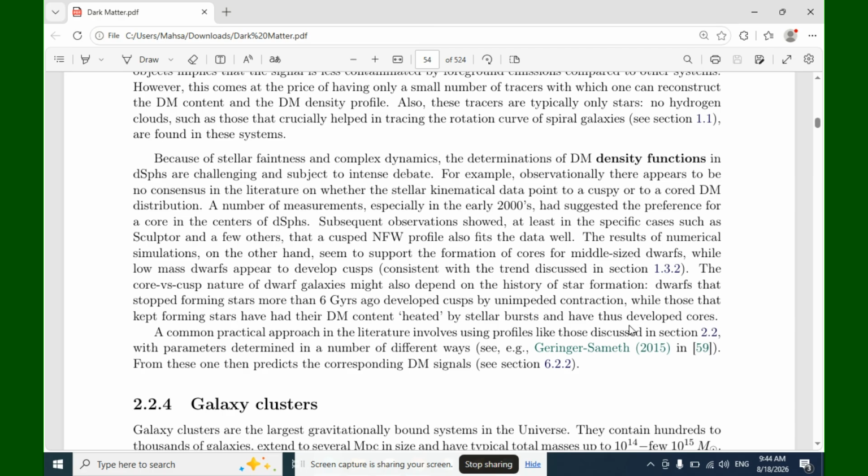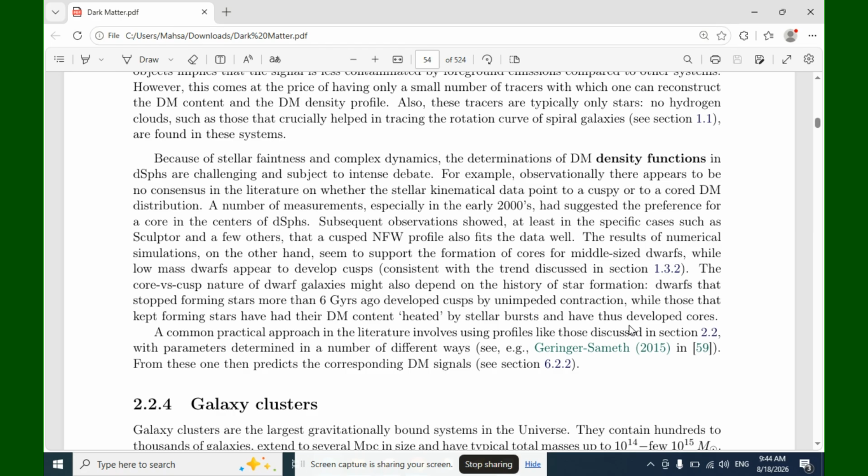The results of numerical simulations, on the other hand, seem to support the formation of cores for middle-sized dwarfs, while low-mass dwarfs appear to develop cusps, consistent with the trends discussed in section 1.3.2. The core versus cusp nature of dwarf galaxies might also depend on the history of star formation.